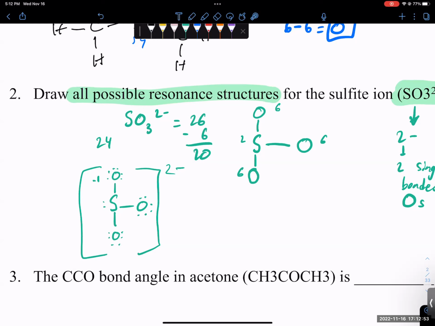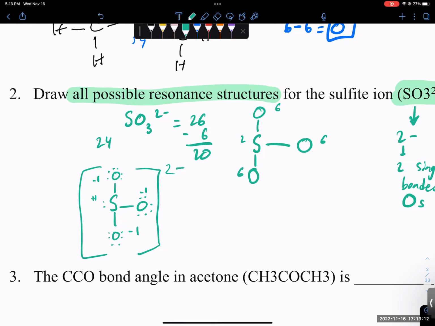And then what about this oxygen? Minus 1 again. Now, finally, this oxygen, minus 1, another minus 1. So what about this sulfur? That is indeed plus 1.